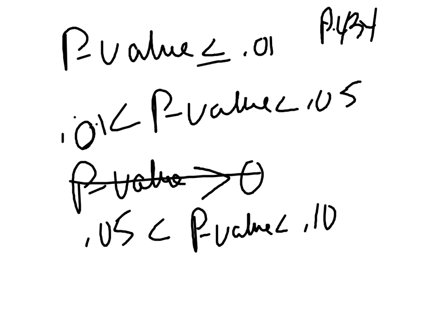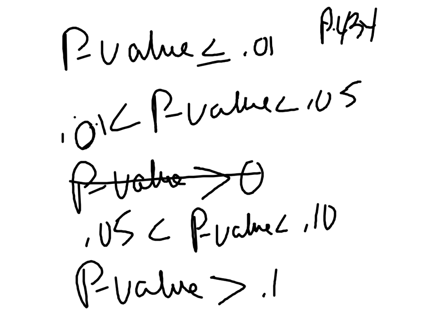In other words, we would have a 5 to 10% chance of making a type 1 error, which is when we reject the null hypothesis and it's really true. And then the last thing, if we get a p-value that's greater than 0.10, then they tell us to not reject the null hypothesis. The difference is not significant.